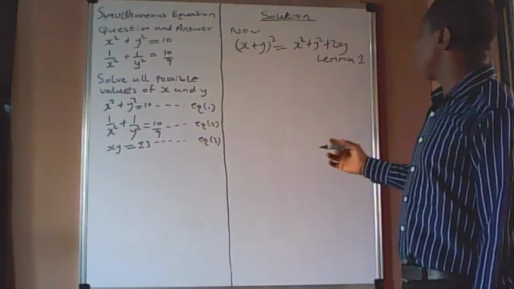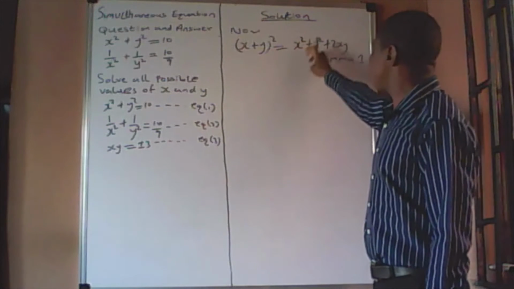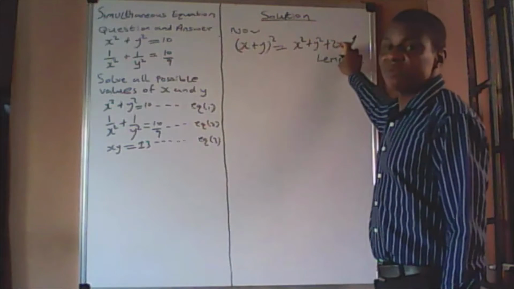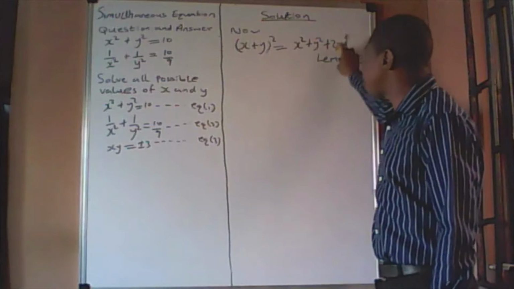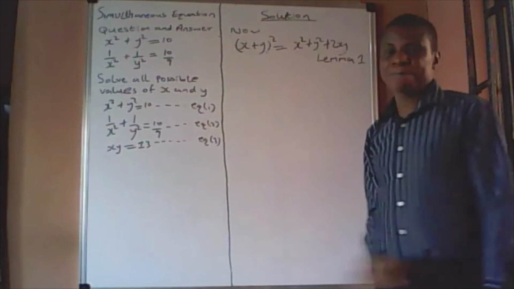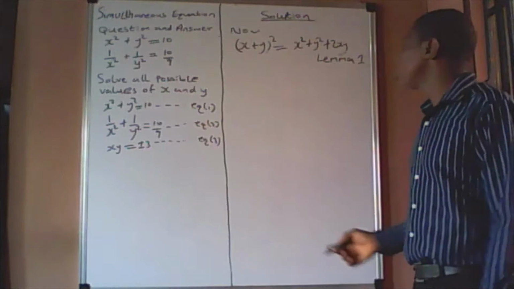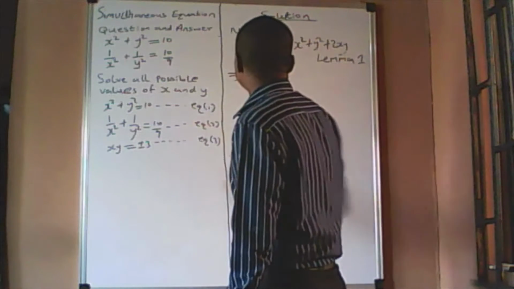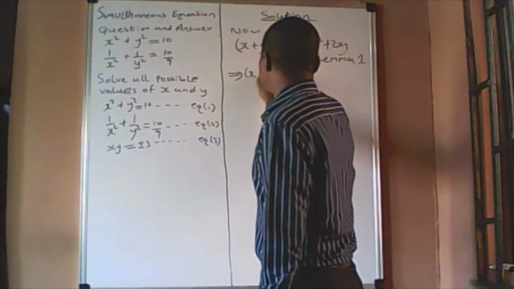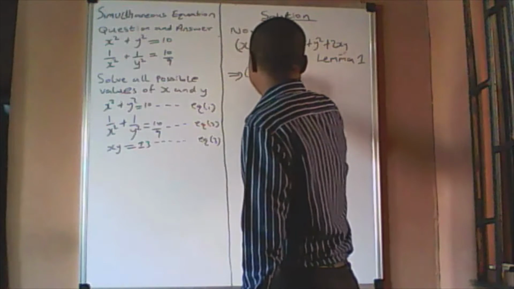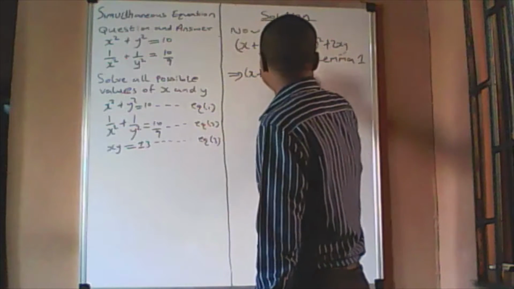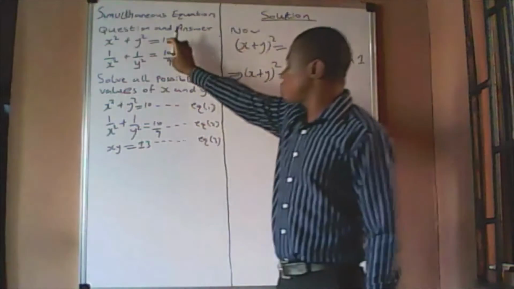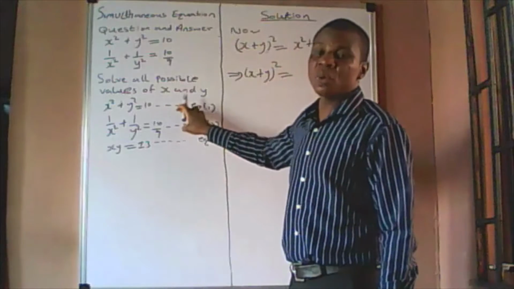We now know the value of x squared plus y squared and x times y. Having known the values, we are going to use them to derive the value of x plus y. It implies x plus y all in parentheses power 2 is equal to the value of x squared plus y squared, which is 10, and it is in equation 1.